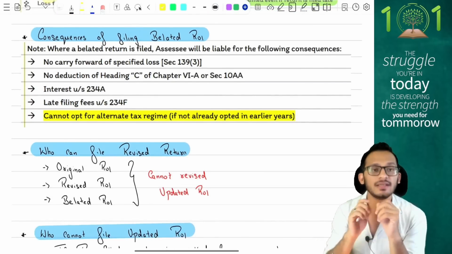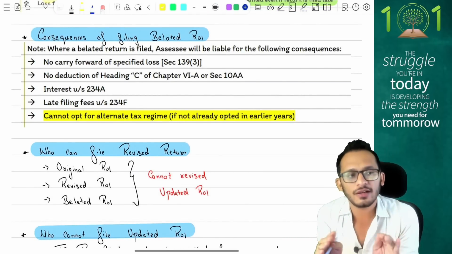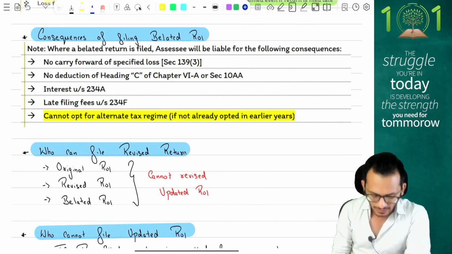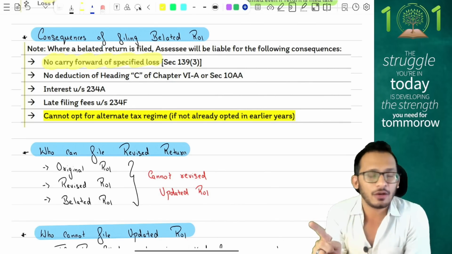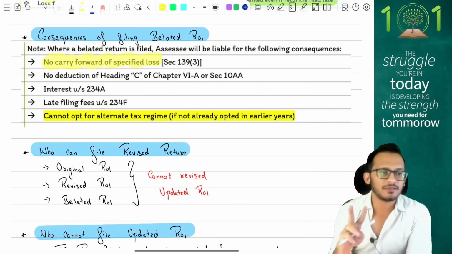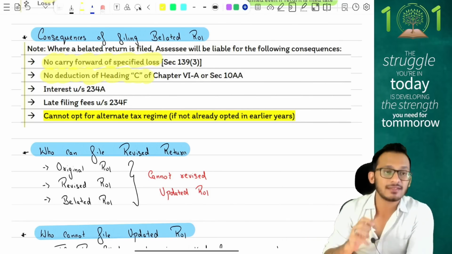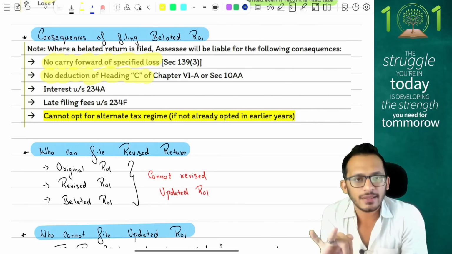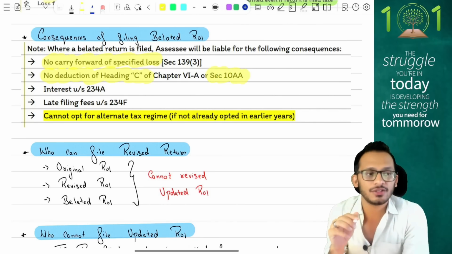Then what are the consequences if you do not file your returns on time? Income tax says the following will happen. First, as discussed above, you will not be permitted to carry forward specified losses except for house property and unabsorbed depreciation. Second, you will not be permitted any deduction under heading C of Chapter VIA, which is 80JJAA, 80QQB and 80RRB. Also, you will not be permitted any section 10AA deduction for SEZ.